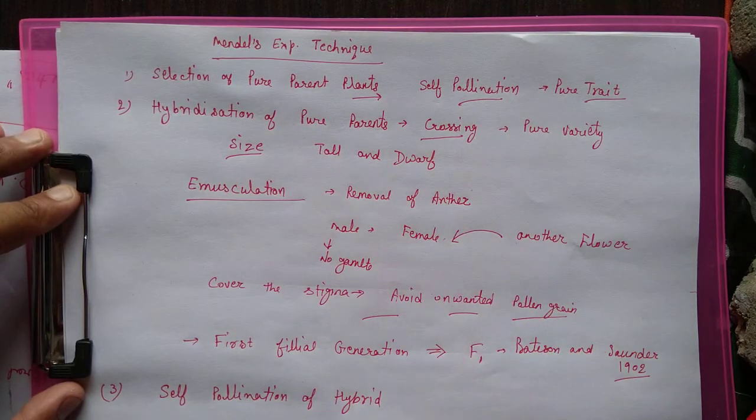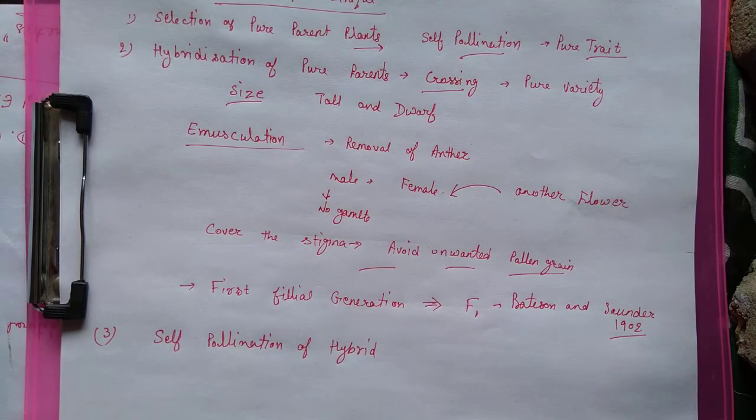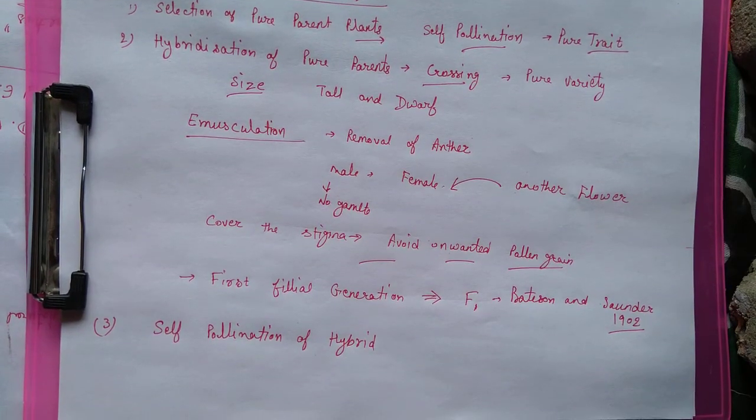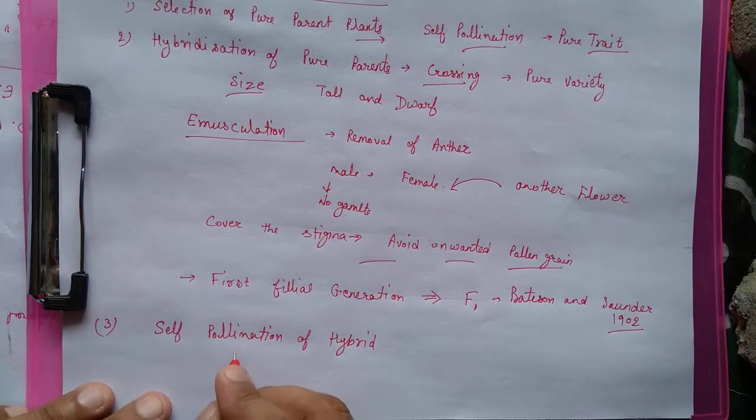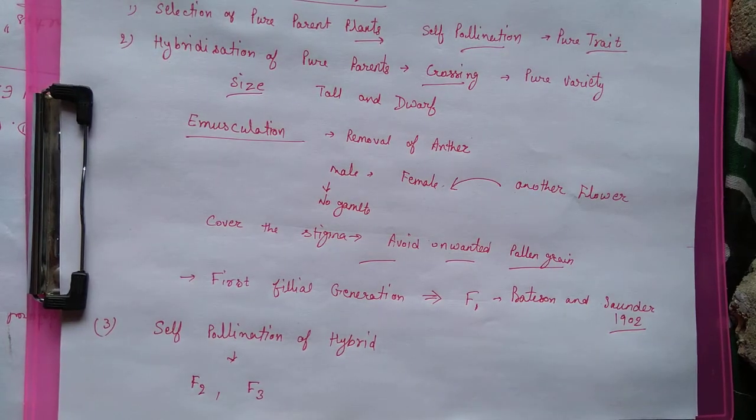After that, the hybridization of pure parents, and the first filial generation performs self-pollination, means the hybrid undergoes self-pollination, so that it results in F2 and then F3 and so on.